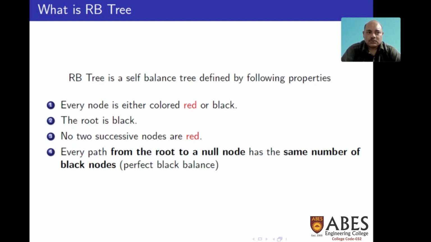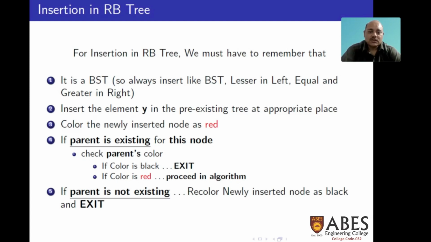Fine. So how we will fix it? That is the insertion algorithm. Okay. First of all, let me discuss how we will insert a value in a red black tree. I want to tell you that a red black tree follows the property of a BST. That means all the elements which we insert are placed following the same property as the BST.